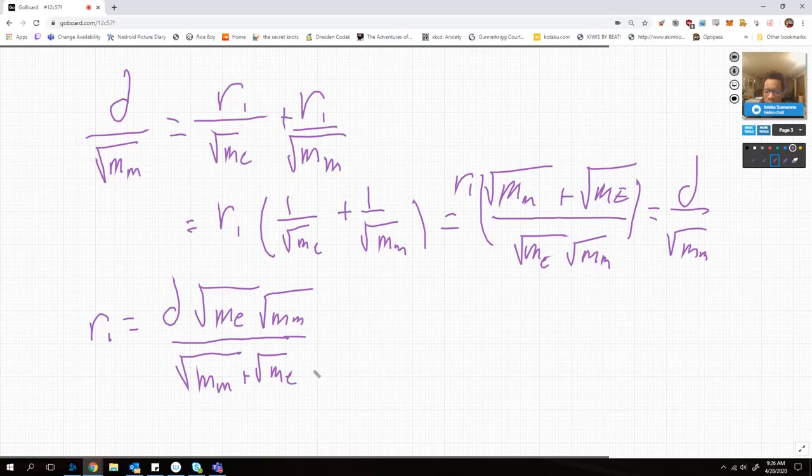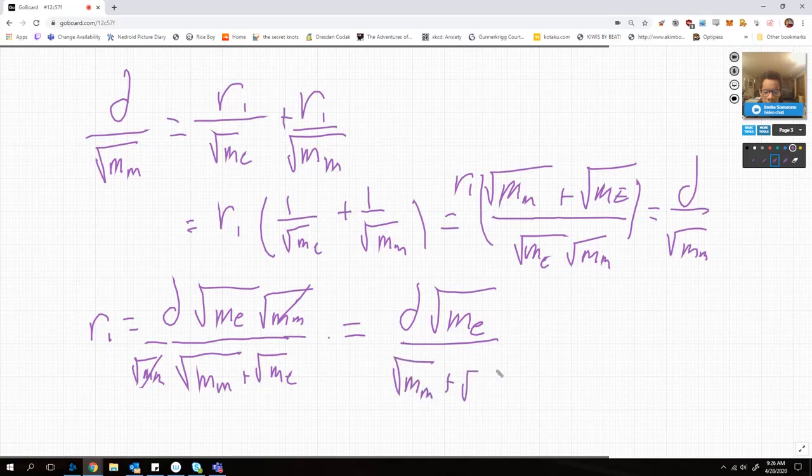And then there's still this D over square root mass of moon here. Now this cancels and this cancels, and then I get something clean. R1 equals D times square root mass of Earth over (square root mass of moon plus square root mass of Earth). Okay, cool.